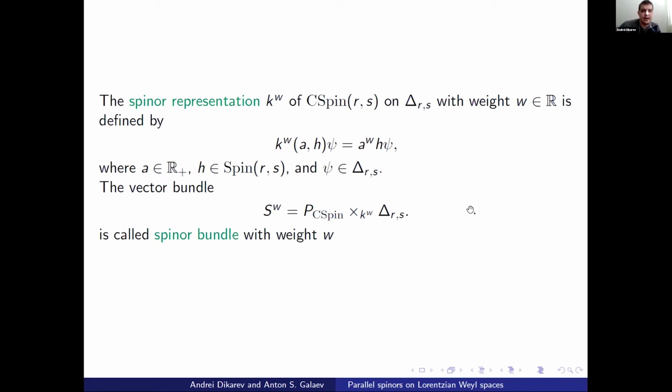We will say that K W is a spinor representation of the group C spin R S on the spinor model with weight W, if K W is defined by this formula, where A is from R plus, H from spin group, and C is from spinor model. And the following associated vector bundle is called spinor bundle with weight W.